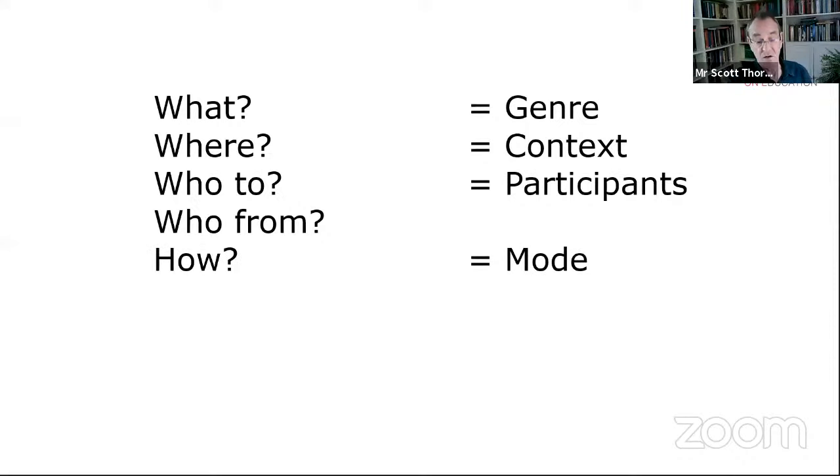The how we can call the mode, whether it's written or spoken. If it's written, is it digital, is it print, and so on, and also the structure. And finally, the why of the text is its function, its purpose. As I say, we can ask those questions about any authentic text.